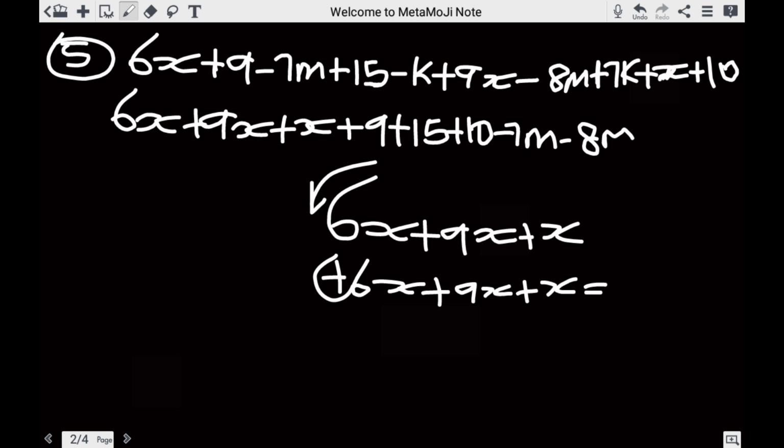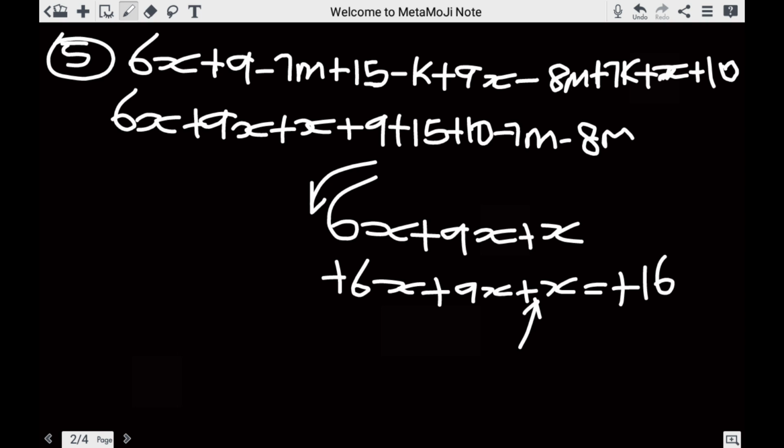Then you add 6, 9, and 1, because this s has a coefficient of 1 in front of it. So you add the coefficients together. 6 plus 9 is 15, and 15 plus the 1 is 16.